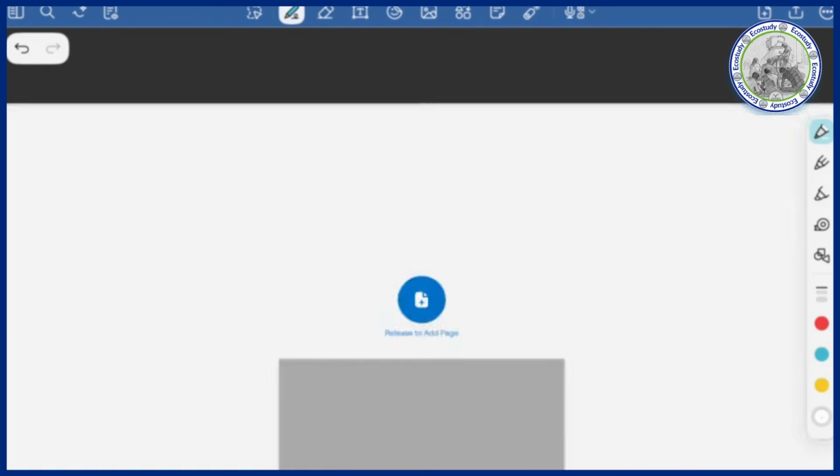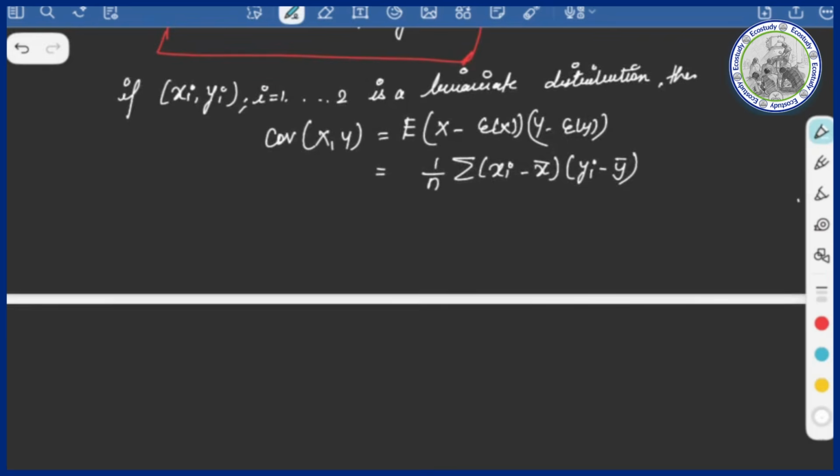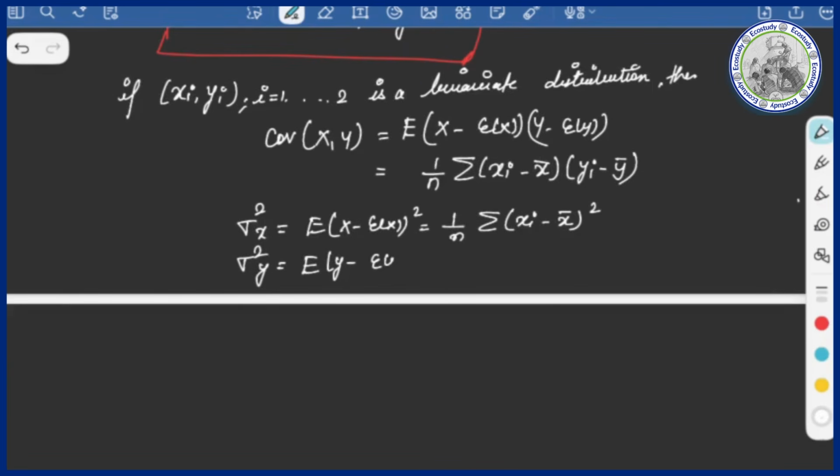Now let me come to the next page. The variance of x is the expectation of (x minus expectation of x) whole squared, that is 1 upon n sigma (xi minus x bar) squared. Sigma squared y is the variance of y, that is 1 upon n sigma (yi minus y bar) whole squared. The summation is from 1 to n.